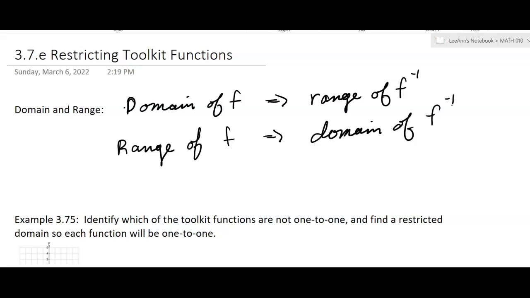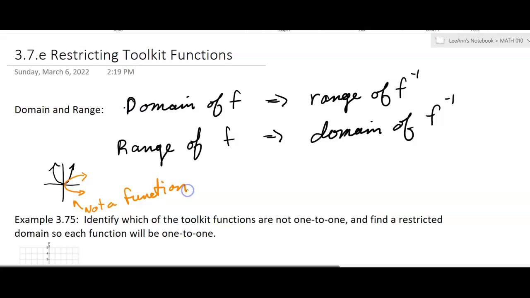So if you look at, I'll give you an example here, the quadratic function, right? That's not one-to-one. If you switch the x and y's, you get this. See, and that's not a function. So that's a little problem for us when we're trying to work with inverses and our function isn't one-to-one.